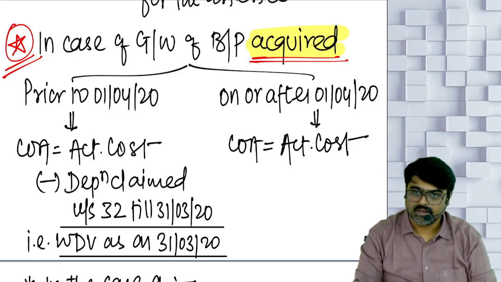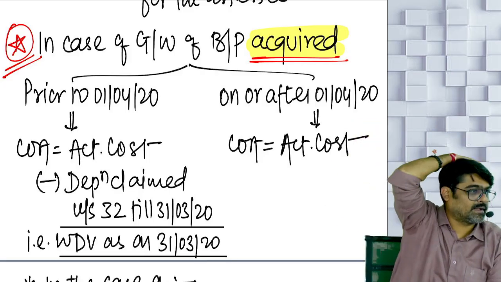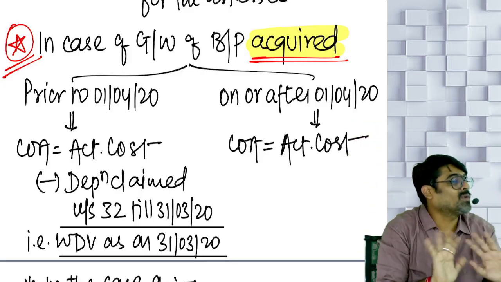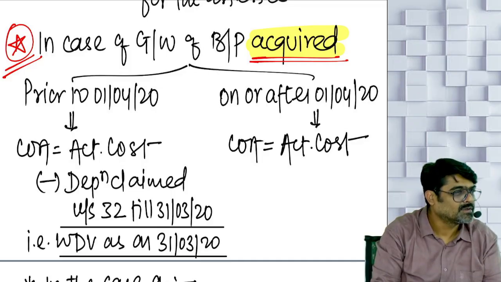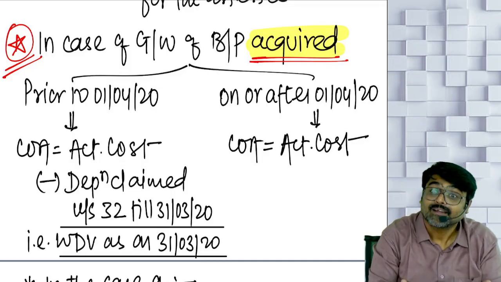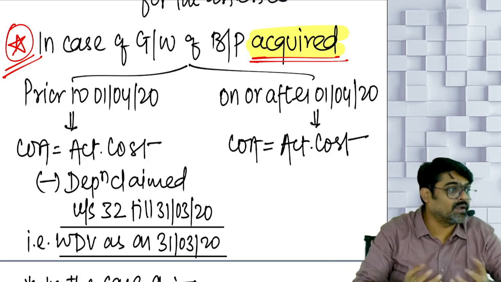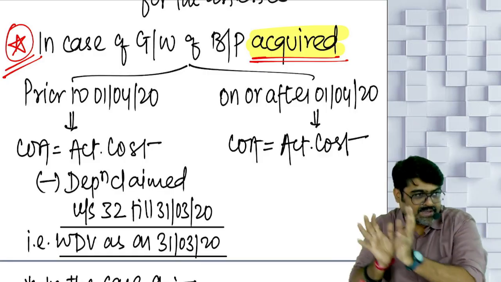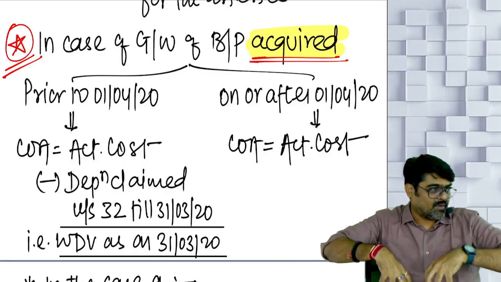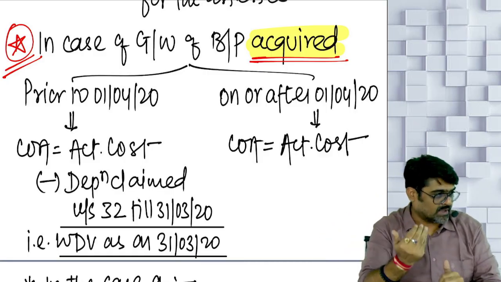For example, in the year 1819, I am not talking about self-generated goodwill, boys and girls. I'm talking about that goodwill which you acquired. Now, whenever you calculate the capital gain of the goodwill which you acquired, usually you take actual cost only, no?